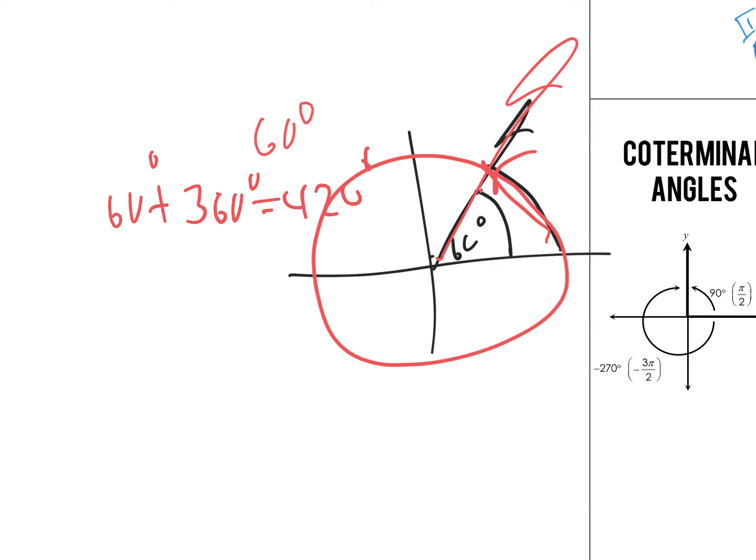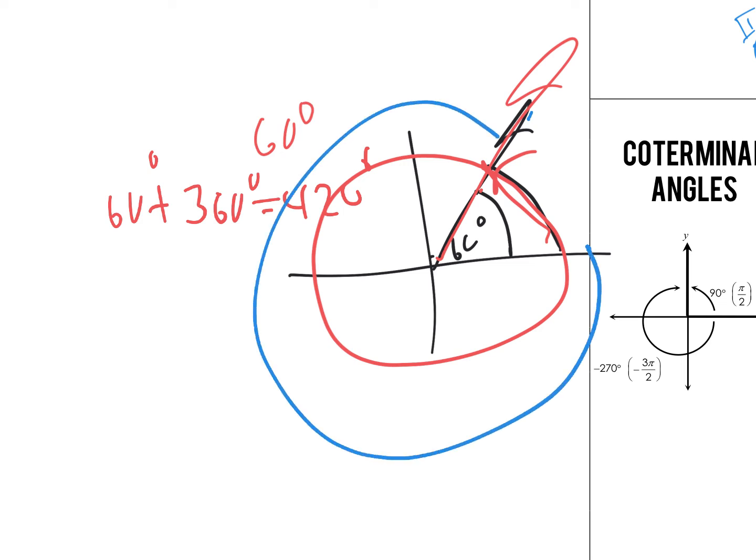Watch this. If I choose to go the other way instead, what would that angle be? That would be a negative 3 what?